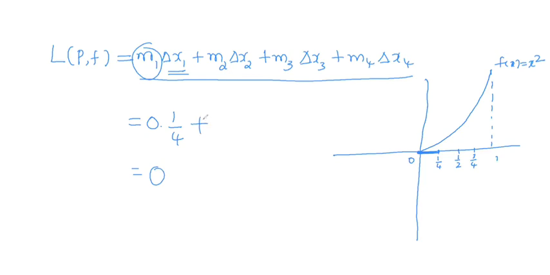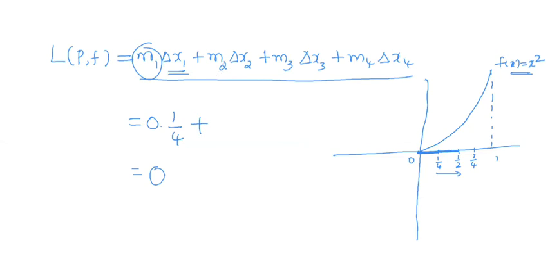First plus, the second term. What is the second term? m2 into delta x2. What is m2? m2 is the minimum value of the function with respect to this interval. As the function is an increasing function, as the x values increase, the function values also increase correspondingly. So for the least value of x in this interval, you will get the least value of f of x.